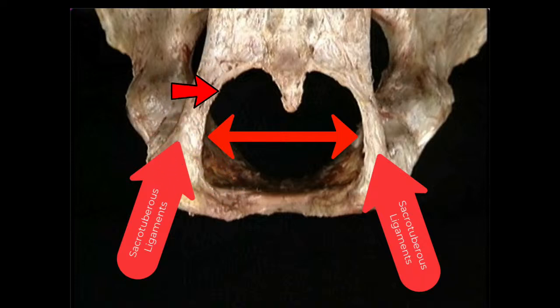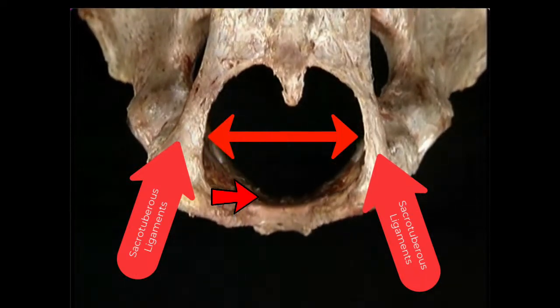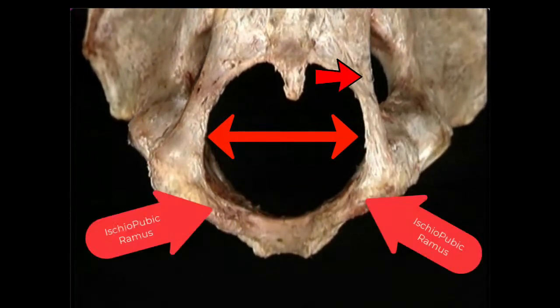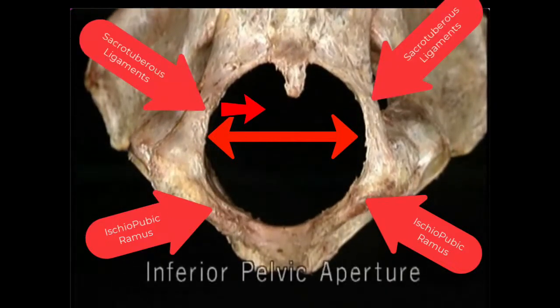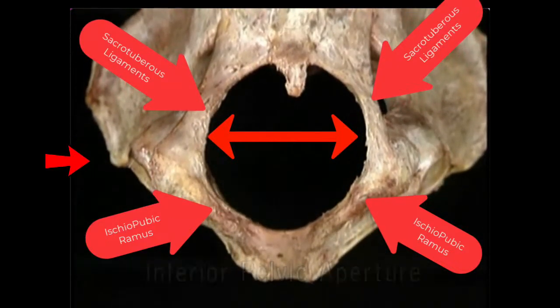Okay, so the sacrotuberous ligaments joining in to the sacrum on both sides, and then that's what creates this opening at the bottom here, and it looks like a circle shape. So that's your inferior pelvic aperture, so opening of the bottom part of your pelvis.